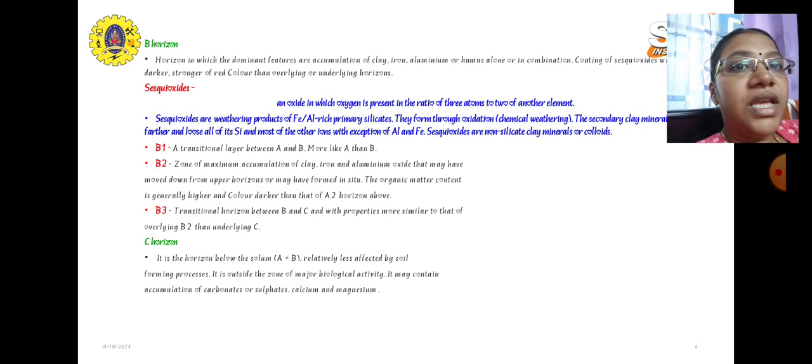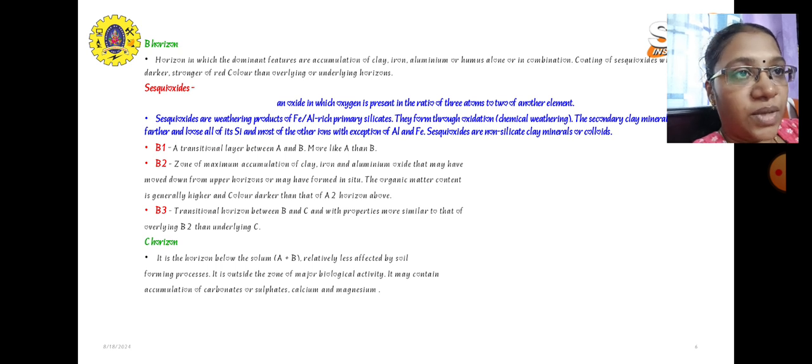And coming to the B horizon. The B horizon is one in which the dominant features are accumulation of clay, iron, aluminum or humus alone or in combination. So we call it as sesquioxides, an oxide in which the oxygen is present in the ratio of 3 atoms to 2 of another element.